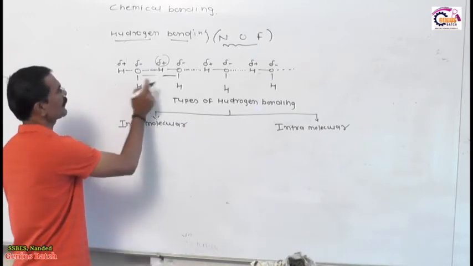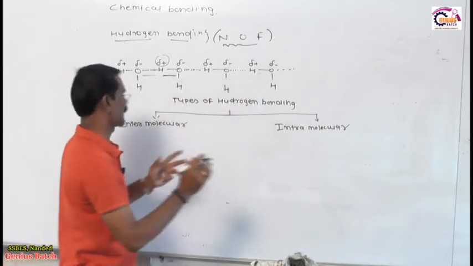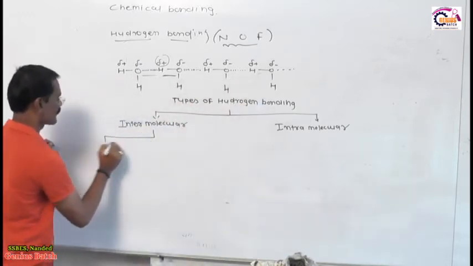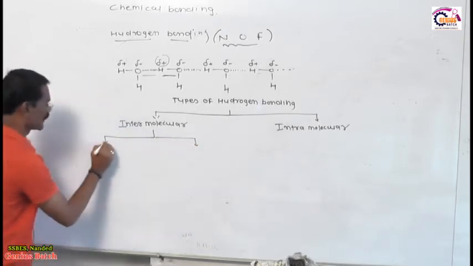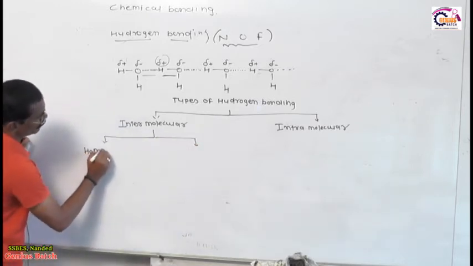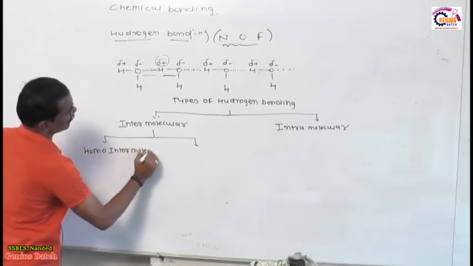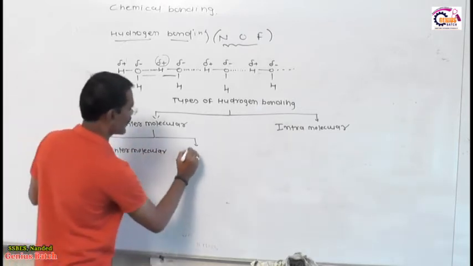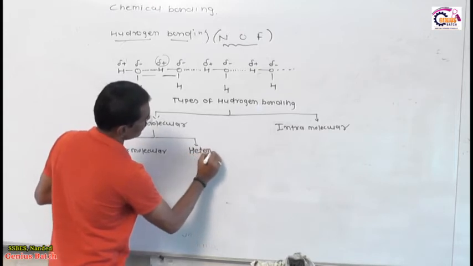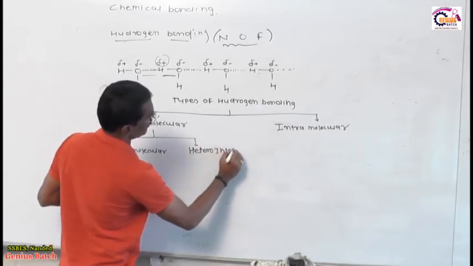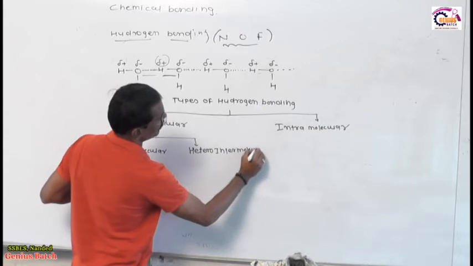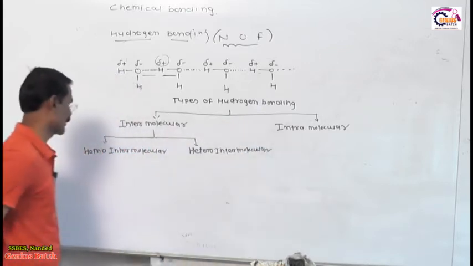Inter means between different molecules. This is intermolecular hydrogen bonding. Here also there are two types. The first is called homo-intermolecular hydrogen bonding, and the second is called hetero-intermolecular hydrogen bonding. What is the meaning of homo and hetero?